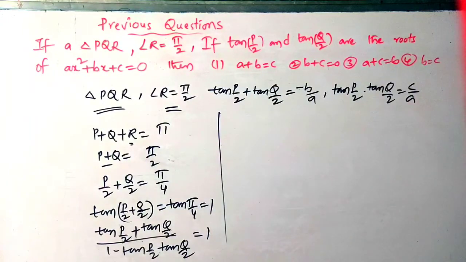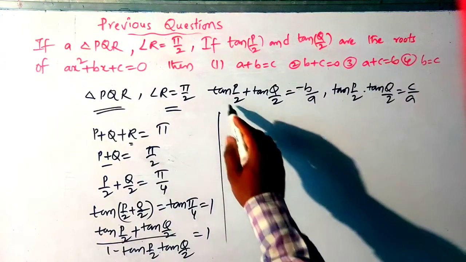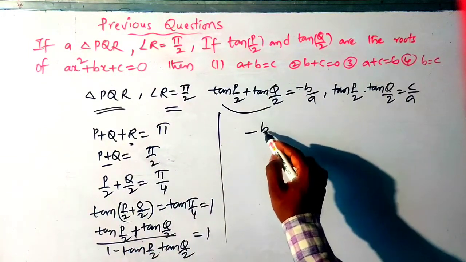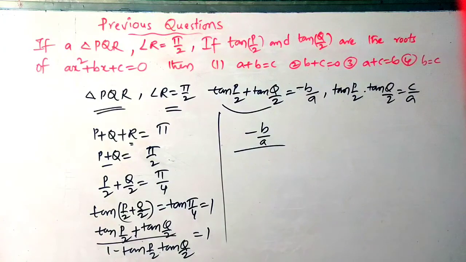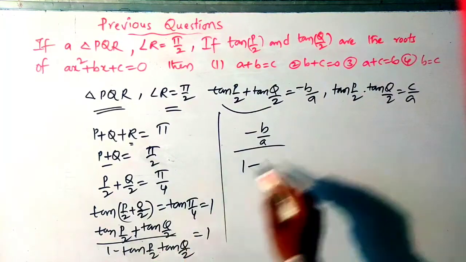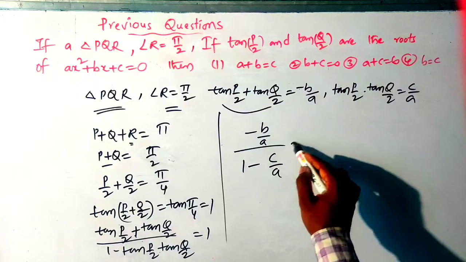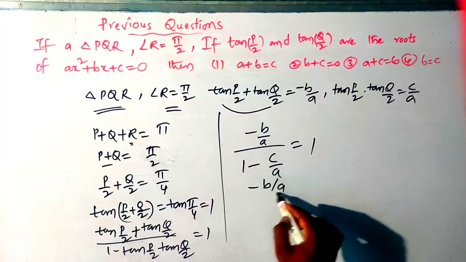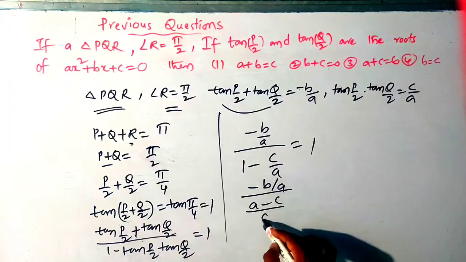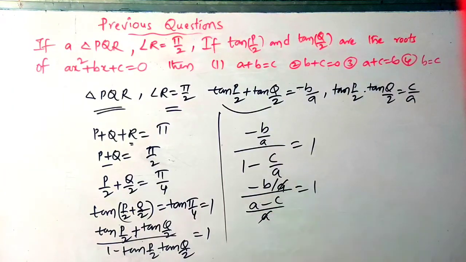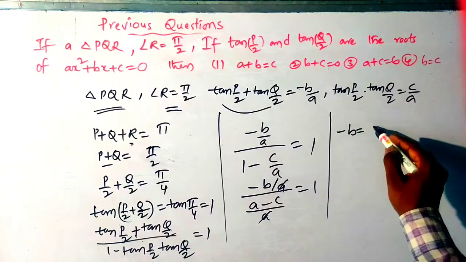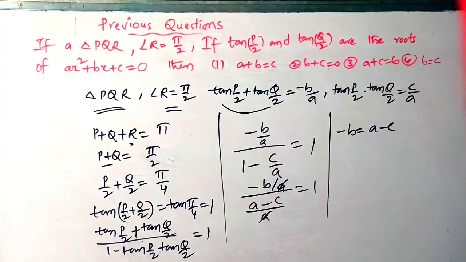The sum tan(p/2) + tan(q/2) is -b/a, and the product of the roots is c/a. So (-b/a) divided by (1 - c/a) equals 1. The denominators cancel, so the remaining value: -b = a - c.